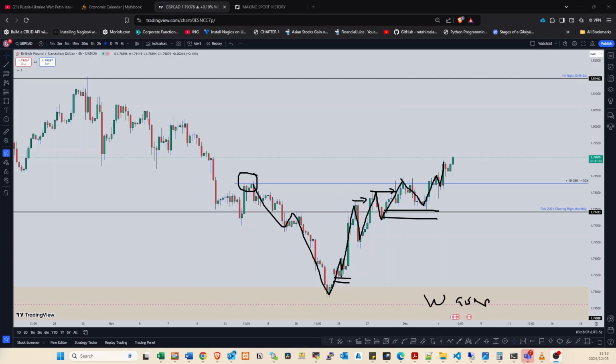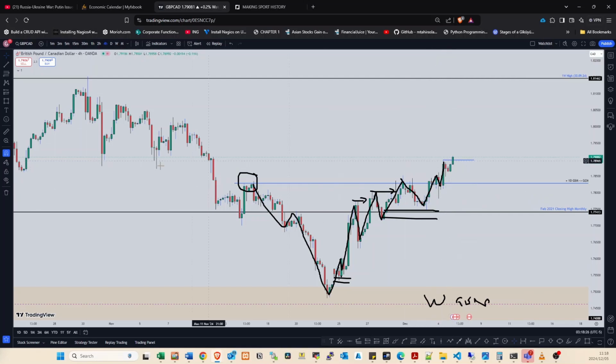Before, we noticed the market broke high, came here, got a high around this level, and all this move started around this low here.